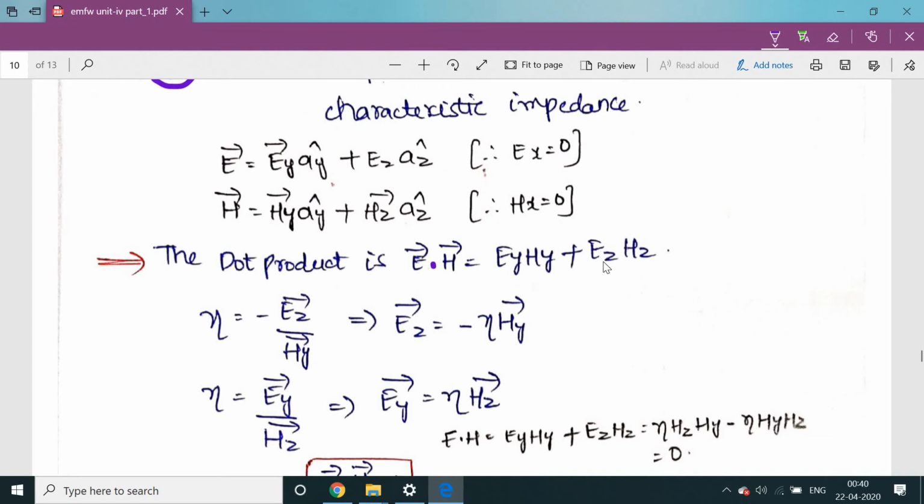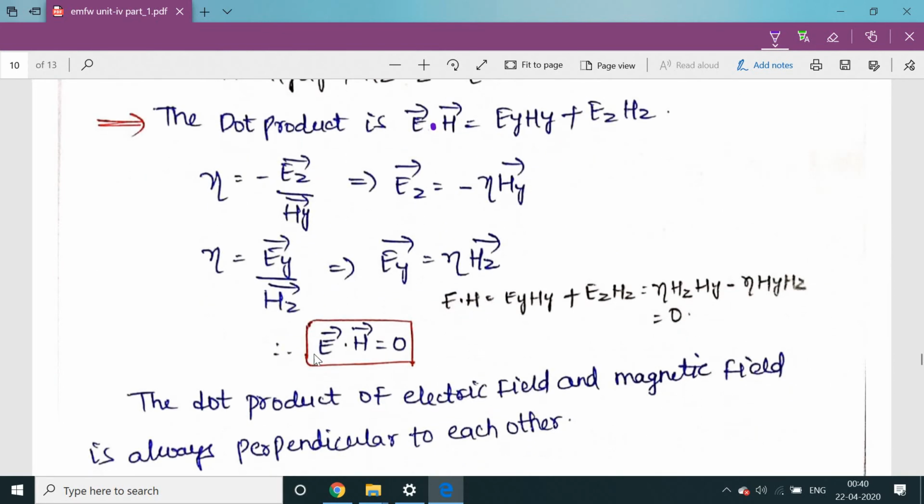And here you have Ez, which is minus eta Hy into Hz. So E dot H finally is eta Hz Hy minus eta Hy Hz, which will be equal to 0. So the dot product of electric and magnetic field is equal to 0. That means they are orthogonal to each other, that means they are perpendicular to each other.